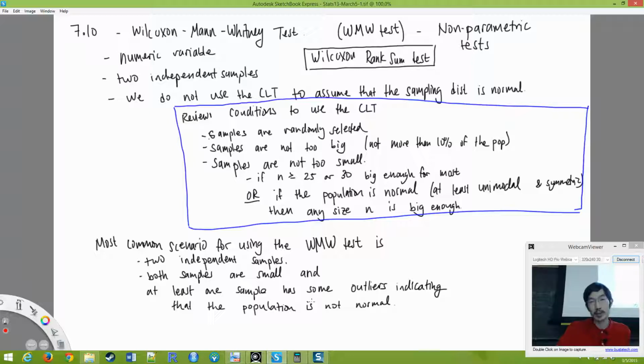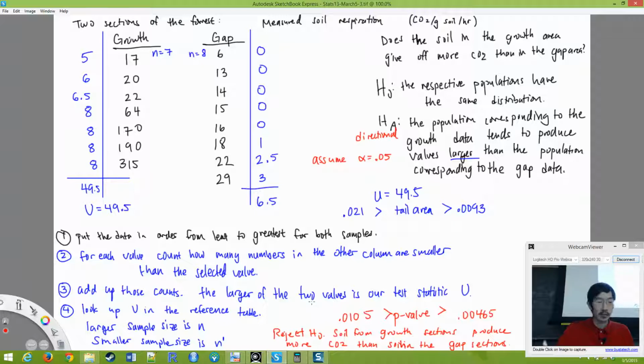But if you've got one or two values that seem crazy large compared to everything else, that would be a good indication that your population is not normal. You can't use the t-test; you have to use the Wilcoxon-Mann-Whitney test.